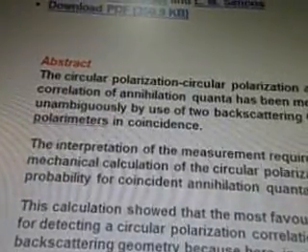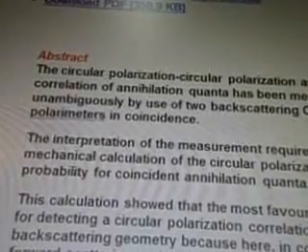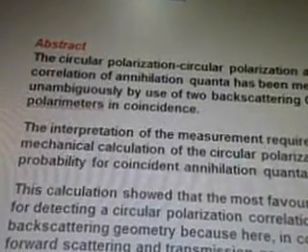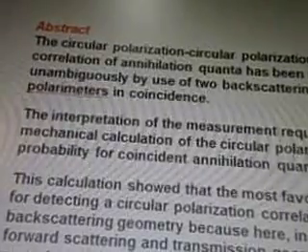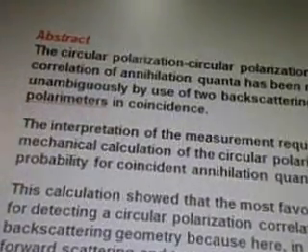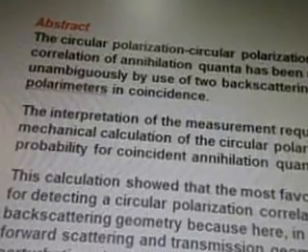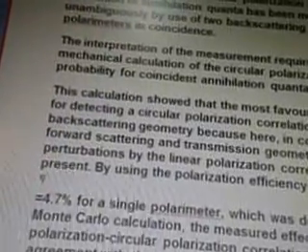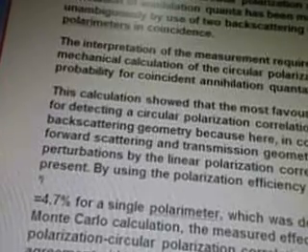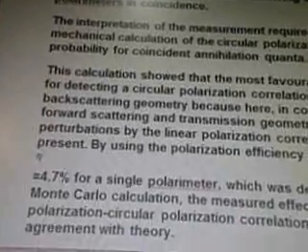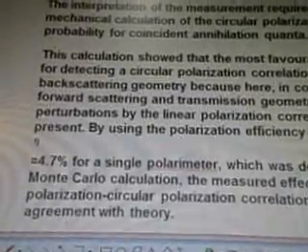The circular polarization, angular correlation of annihilation quanta has been measured unambiguously by use of 2 backscattering Compton polarimeters in coincidence. The interpretation of the measurement required a quantum mechanical calculation of the circular polarization detection probability for coincident annihilation quanta.